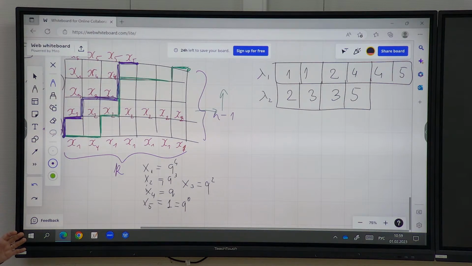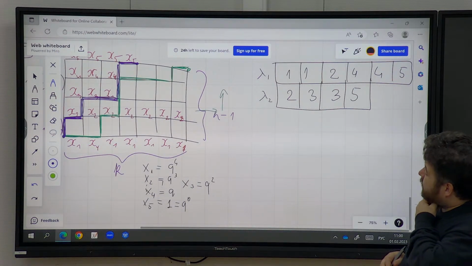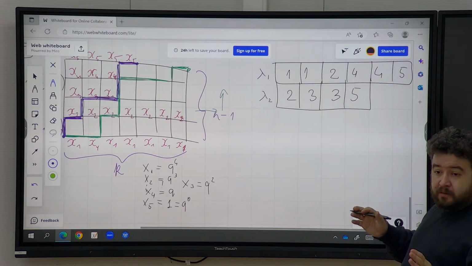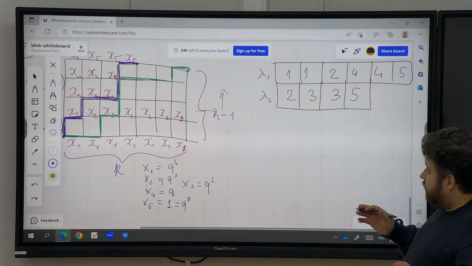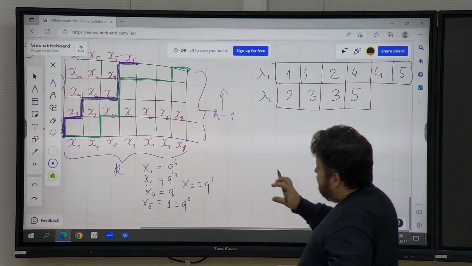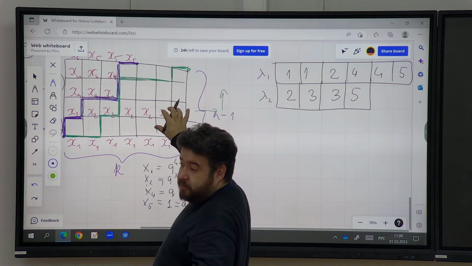So what can I do to make these paths really non-intersecting? Maybe I would like to have the first path shifted by 1 to the right.